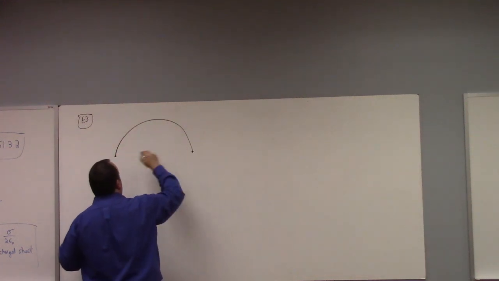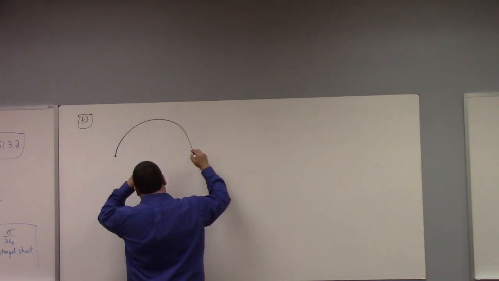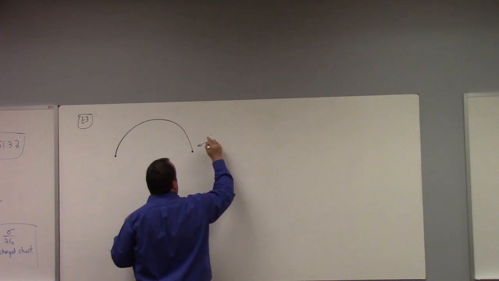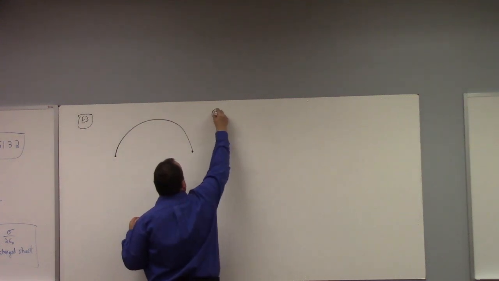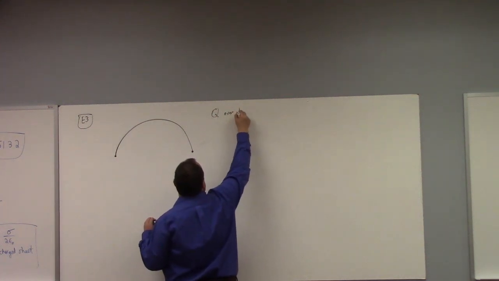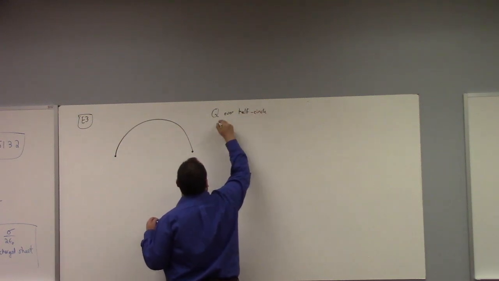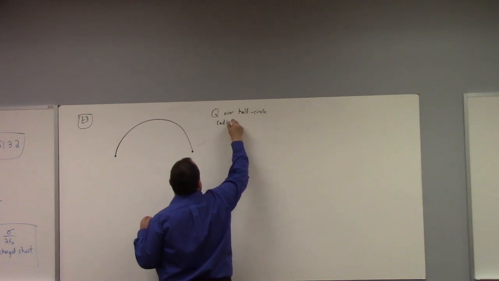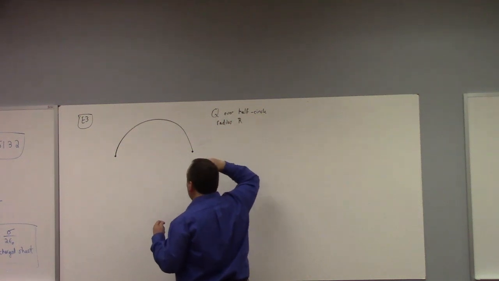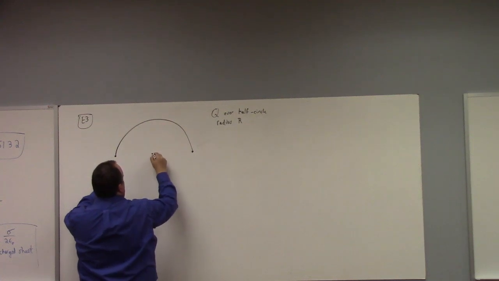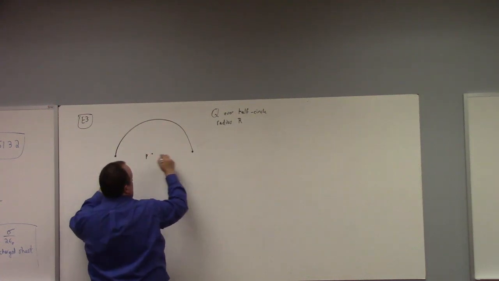And it's uniformly charged, a uniform charge distribution. Let's say you've got total charge Q over the half circle, radius R, I suppose.